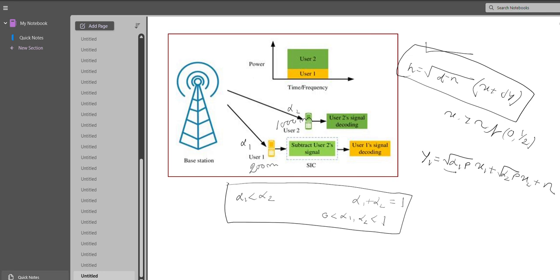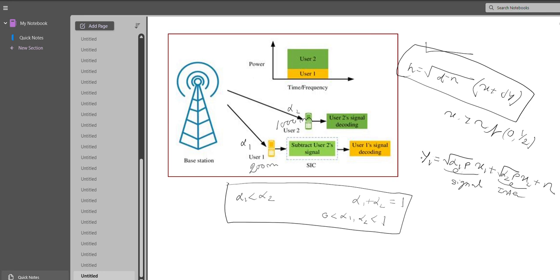This is my intended signal part, and this is the noise part. Actually, this is not noise, it is the interference part, and this is my signal part.